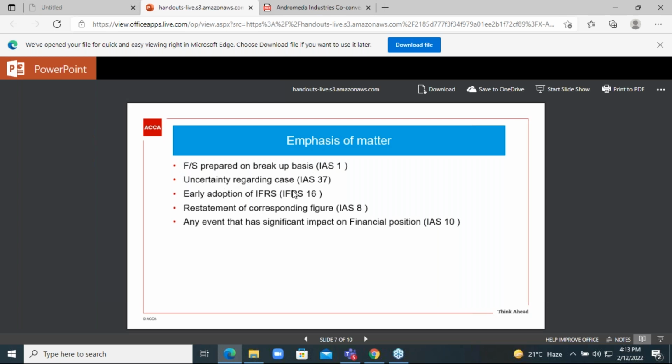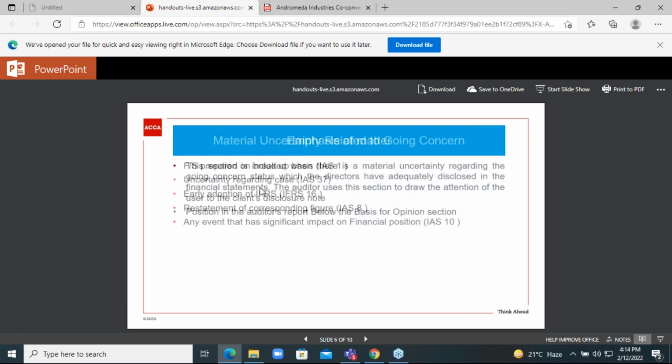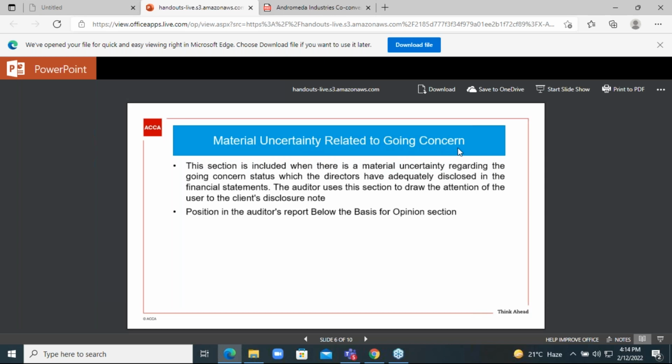This is an uncertainty related to a case, a litigation over a company, which is not going to hurt the going concern. This is the point: material uncertainty related to going concern. If there is a point that can have a major impact on the going concern of the organization, then a separate paragraph is included after the basis for opinion, where the material uncertainty is disclosed. It is only used when the material uncertainty is disclosed properly by the management in the financial statements as well.